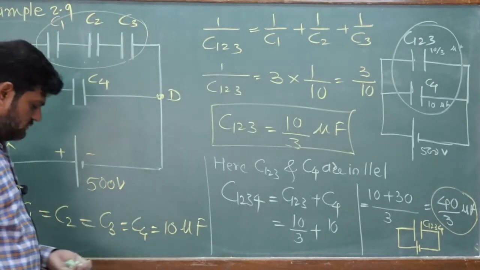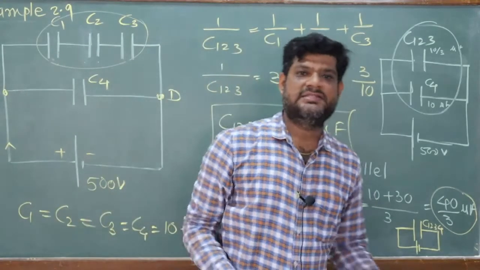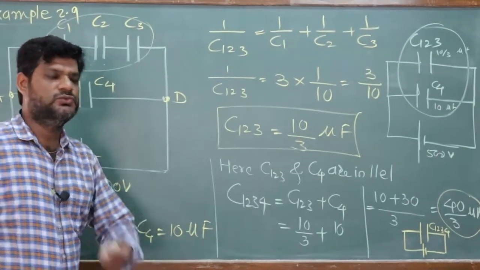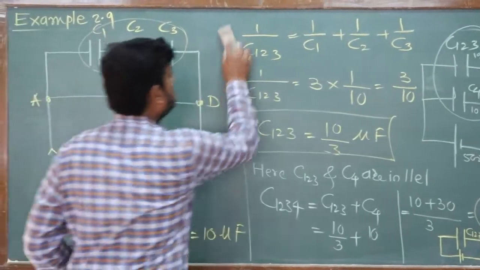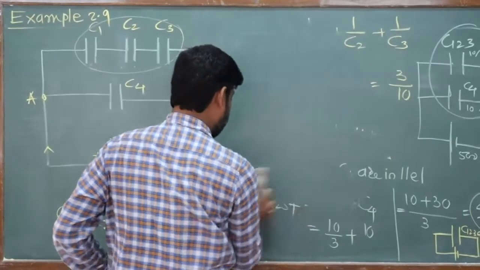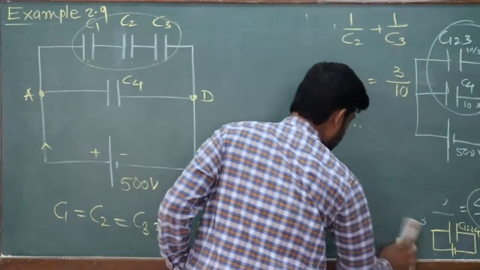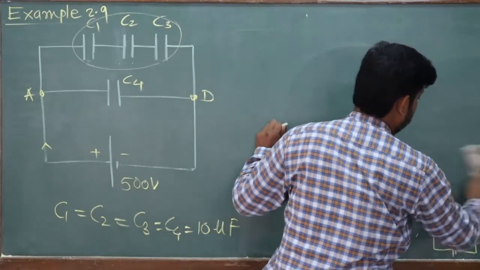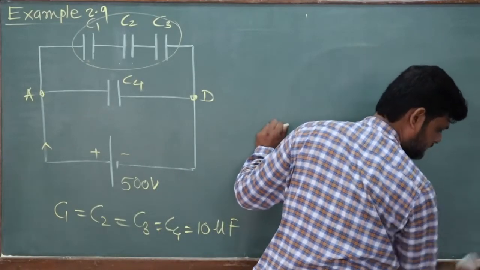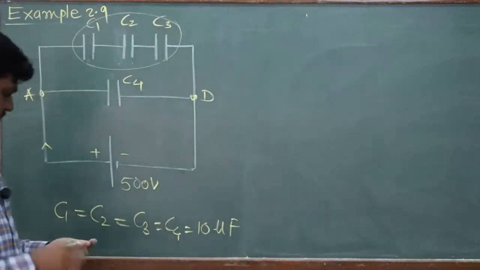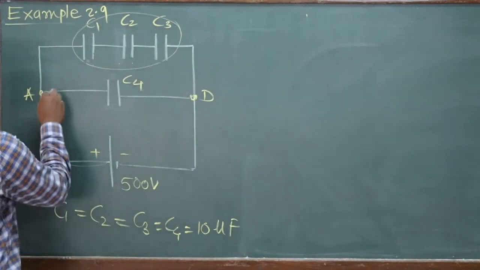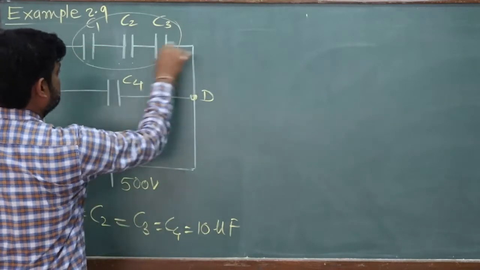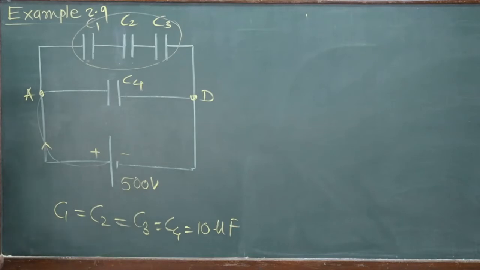Now we are going to find out the charge on each capacitor. This is part 2. See the diagram over here. 500 volt is applied to the fourth capacitor and 500 volt is applied to this line C1, C2, C3.